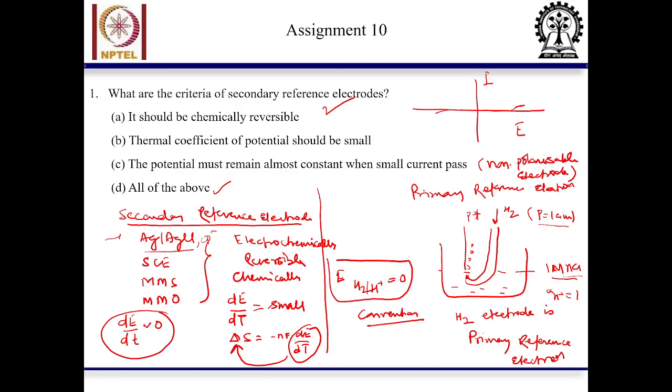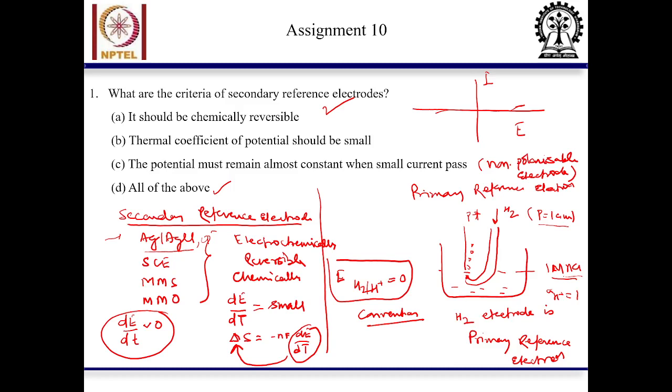So you can use saturated KCl, you can use 3.5 molar KCl, you can use 1 molar KCl, you can use 0.5 molar KCl. Then the potential will accordingly change, because your E is nothing but E0 minus RT by nF, which is RT by F, because n is the number of electrons transferred, which is 1, ln of the activity of Cl minus.